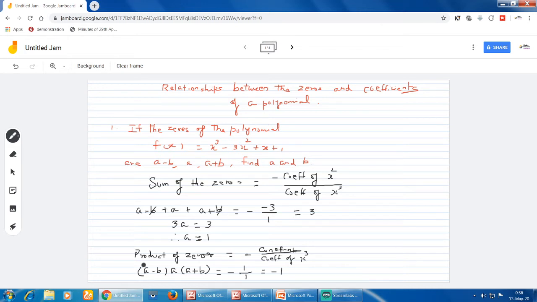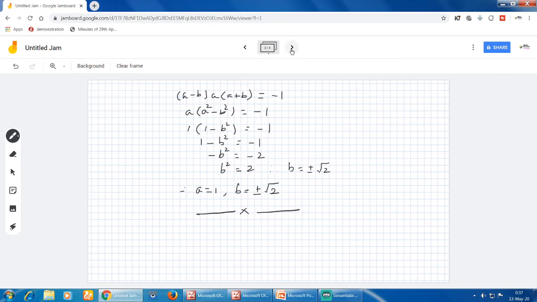Now multiply a minus b into a plus b. That is going to be a square minus b square, and a will be as it is. So a into a square minus b square equals minus 1.